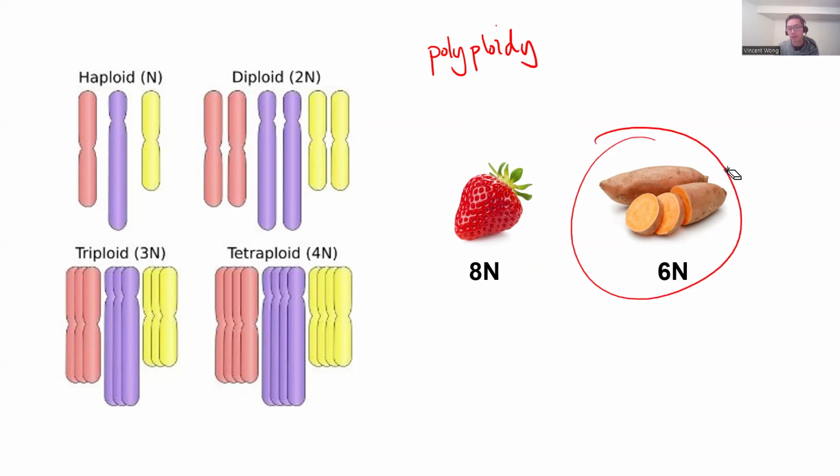This is yam. Some people call it sweet potatoes. That has 6 sets. The plant tends to have more sets than animals, but it's not uncommon in some animals either. 2 is not the norm. That's the point I'm trying to make. Humans have 2 sets, but it's entirely possible to have more than that in other organisms.